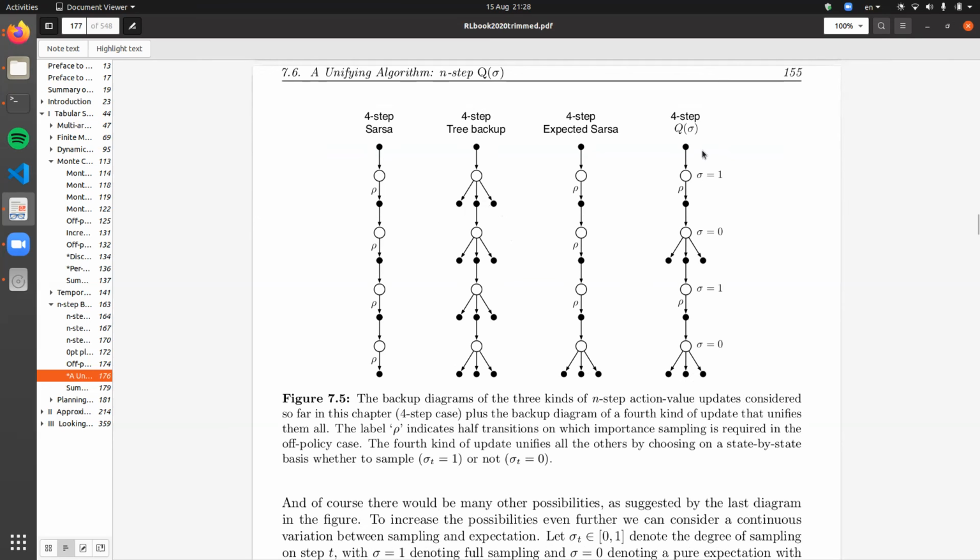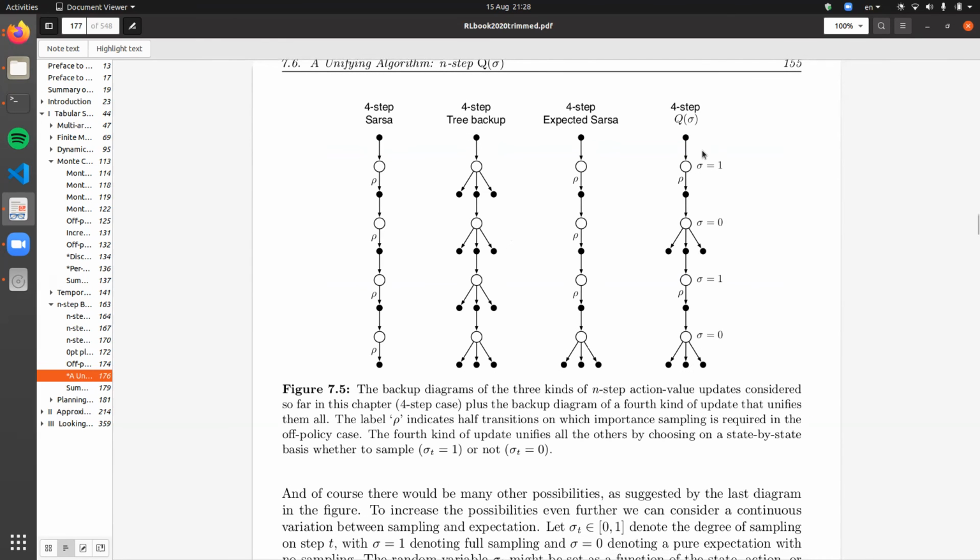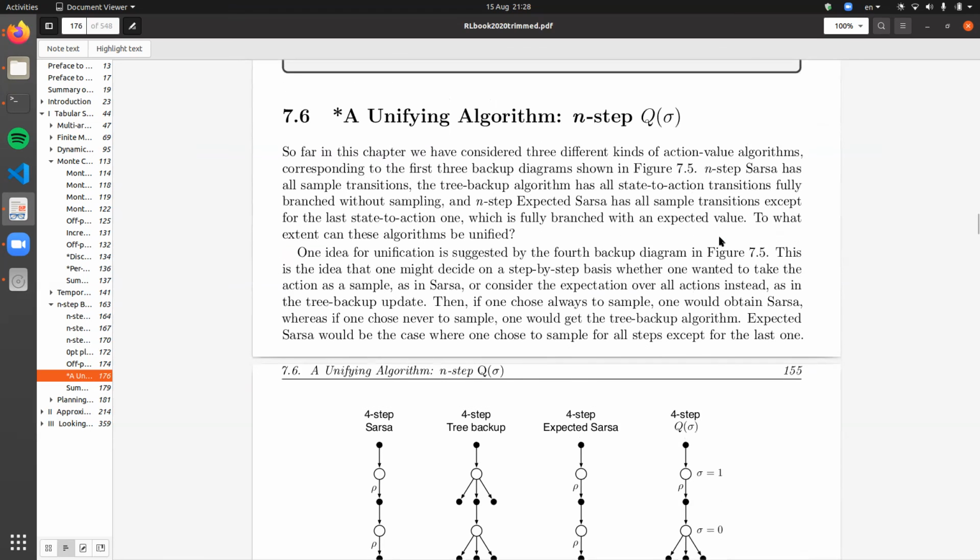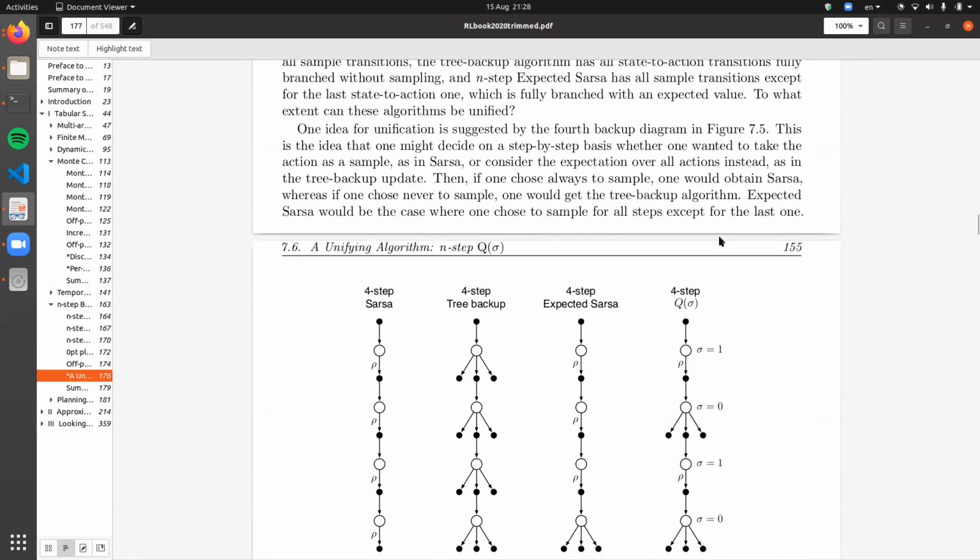And here you can see a generalization of it. We have a value sigma, which indicates what to do, whether to do sampling or to use an expectation. This sigma can be anything.